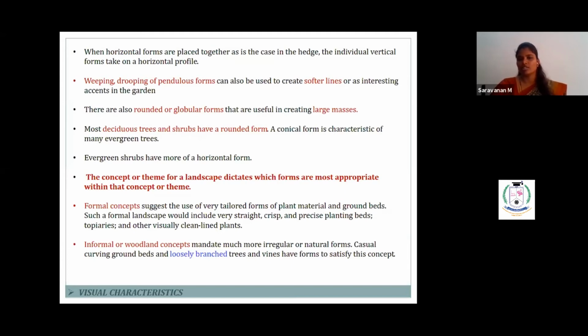Your formal concepts will have plant material on the ground beds, very straight, crisp, and precise planting beds, which are visually clean lined planes. You'll have a very clear picture of it. And informal or woodland concepts demand much more natural forms. Casual curving ground beds and loosely branched trees and vines satisfy this concept.